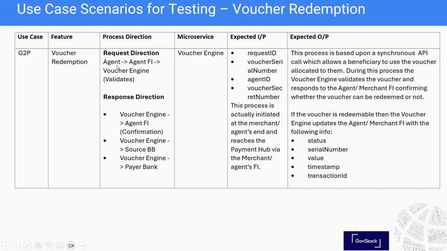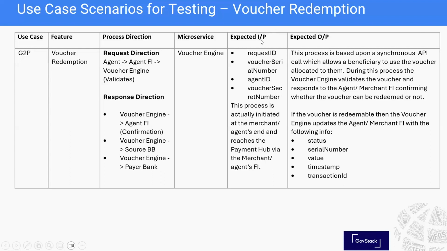It could occur from the agent. The agent could initiate it through any sort of interface that they may have. This interface could be given by an agent financial institution, and they could initiate the request, send in some of the inputs that we'll be talking about shortly, and that agent FI sends this request to the voucher engine.